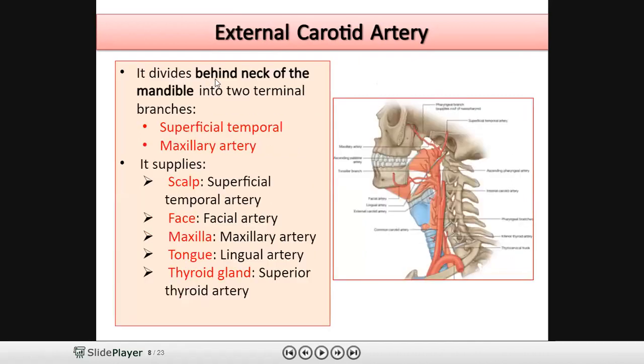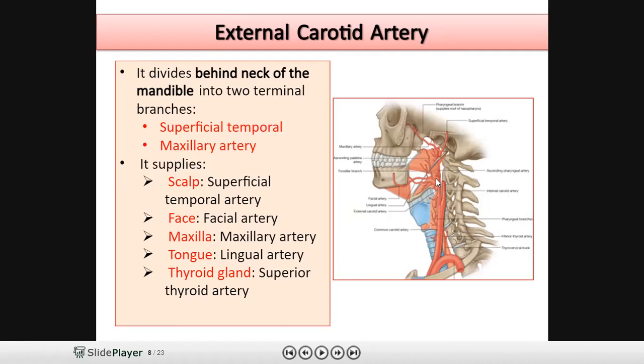So let's look at the external carotid artery. Now, the external carotid artery divides behind the neck of the mandible into two terminal branches. So here, look at this diagram. We have the common carotid artery, then the internal carotid artery, and then the external carotid artery.